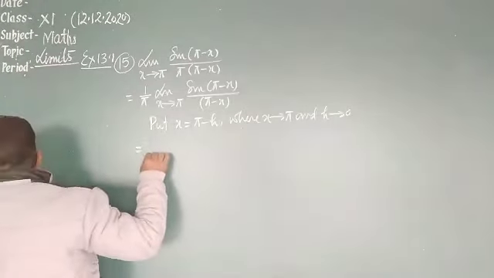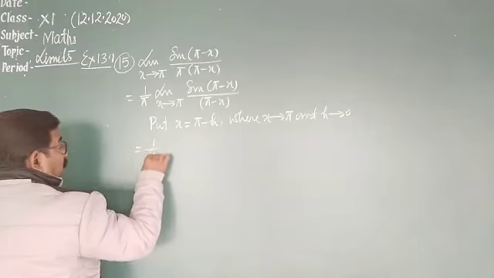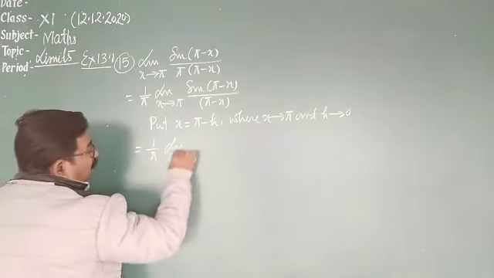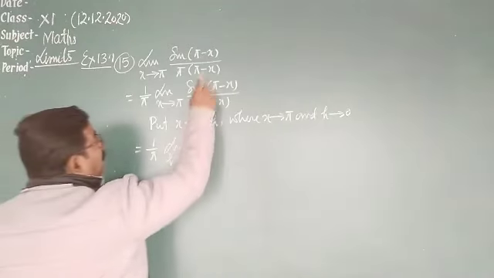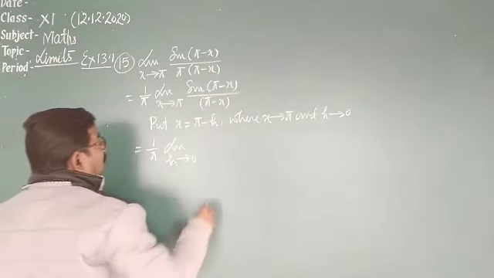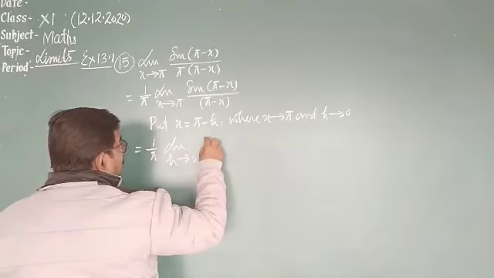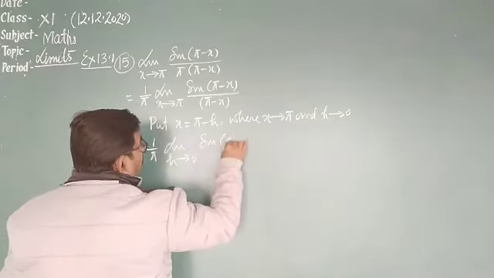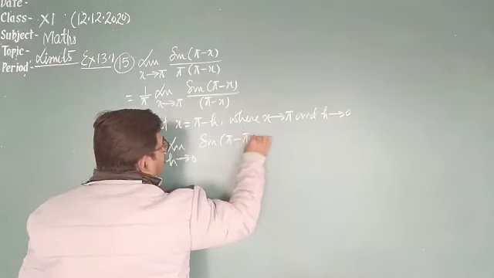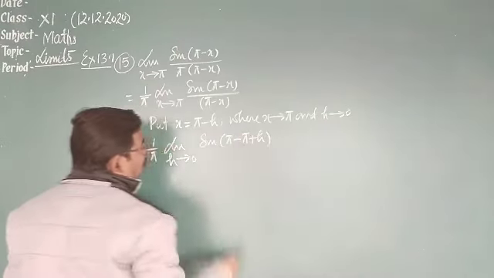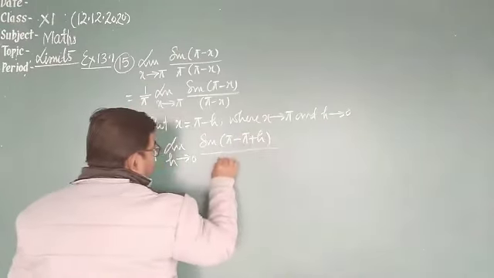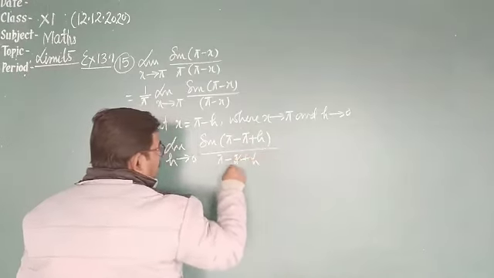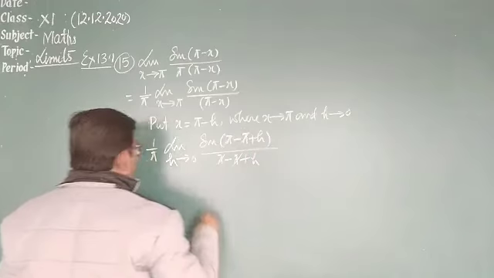So what we have? 1 upon pi, limit h tends to 0, and in place of x we write pi minus h. We have sin(pi minus pi plus h) upon (pi minus pi plus h). This pi and pi will go.